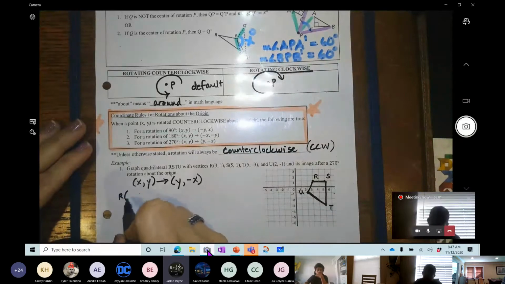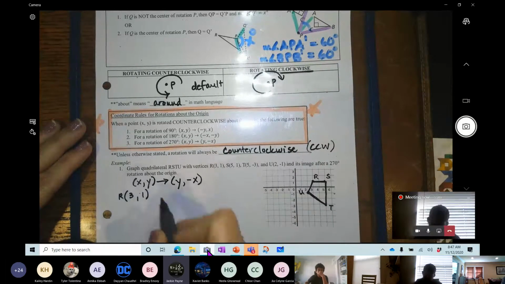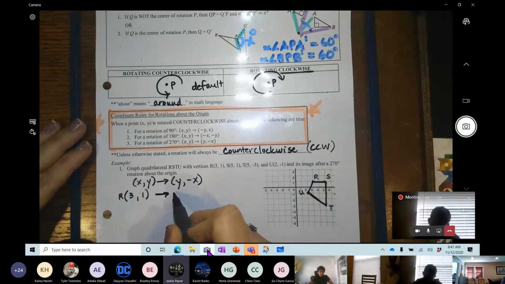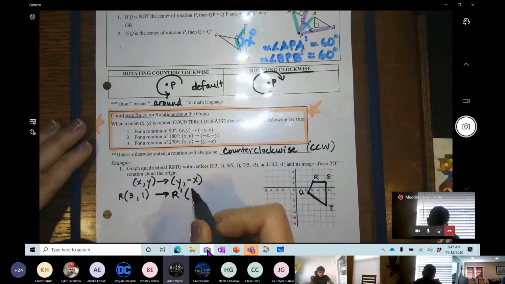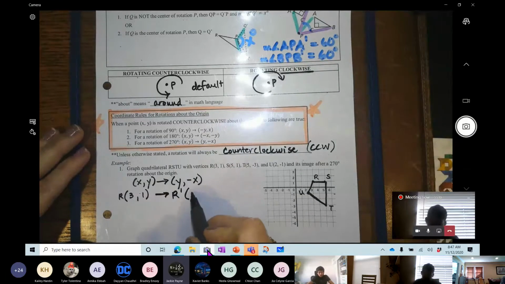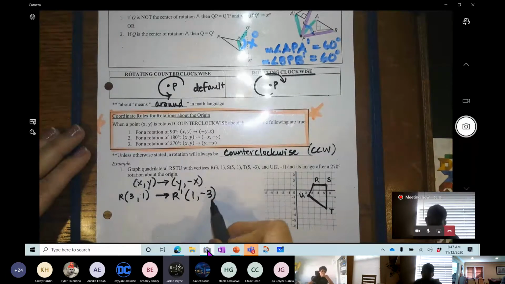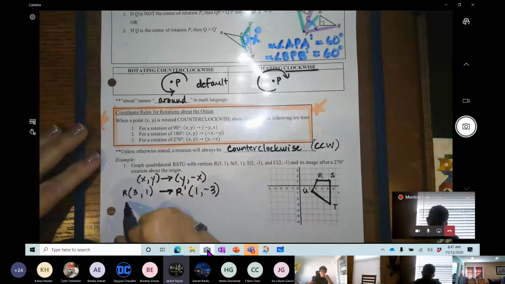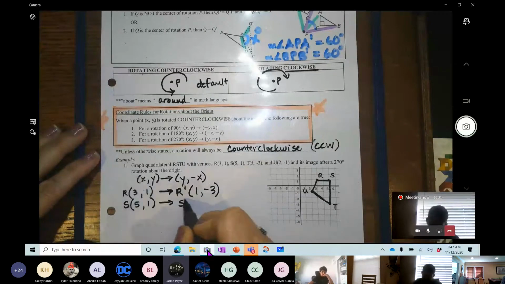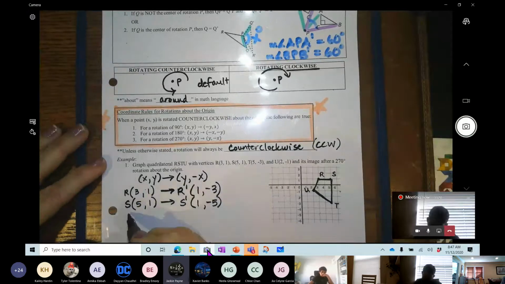So we start with R, which is (3, 1). And we're going to change this so that R prime is, my 1 goes here, because that's my Y, and then my X turns negative. That's going to be R prime. I'm going to do S, (5, 1). So S prime will be (1, -5) to follow that rule. T is (5, 3).